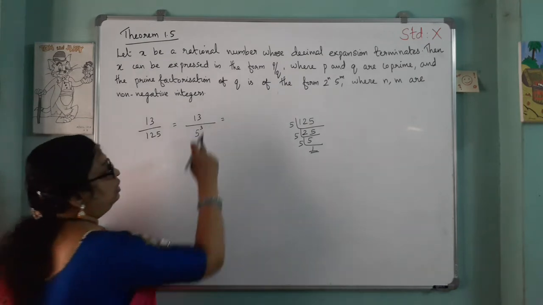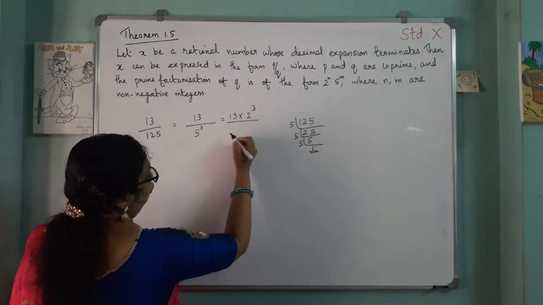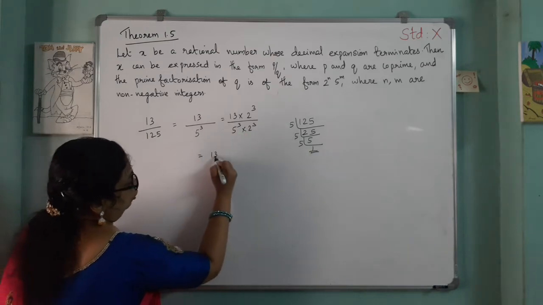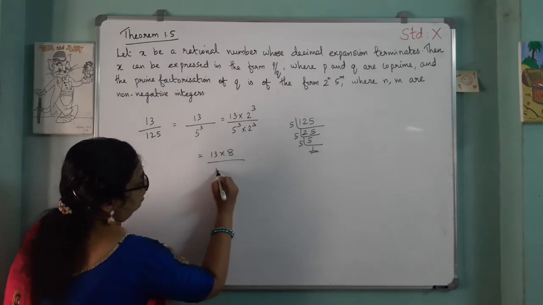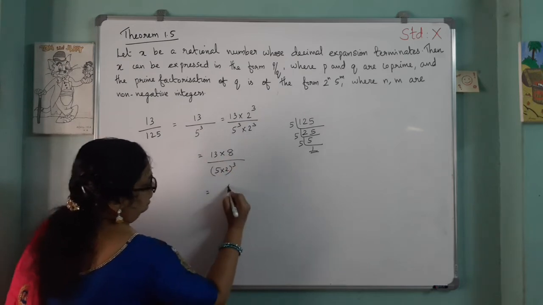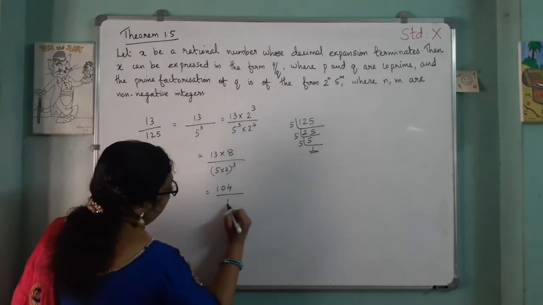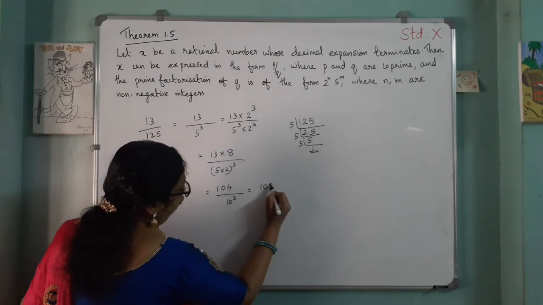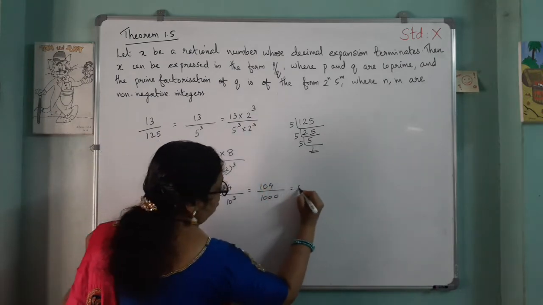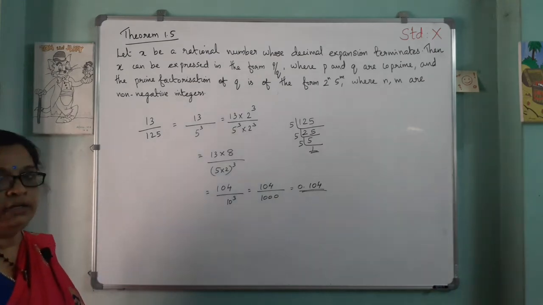So we multiply both numerator and denominator by 2 cube. 13 into 2 cube divided by 5 cube into 2 cube. That is 13 into 8 divided by 5 into 2 the whole cube. 13 into 8: 8 3s are 24, 8 into 1 is 8 plus 2 is 10, so 104 divided by 10 cube, that is 1000. 3 places move left, giving 0.104. So this is also a terminating decimal.